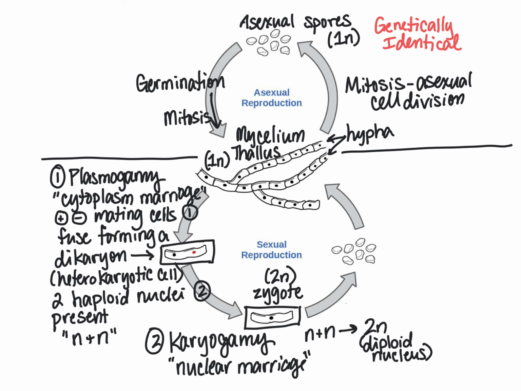The third arrow in the sexual reproduction part of this diagram is indicating meiosis. Meiosis is a form of cellular division in which the diploid nucleus that was produced in the previous step is going to go through this process to produce haploid daughter cells.